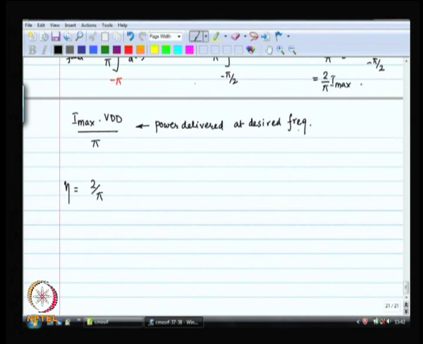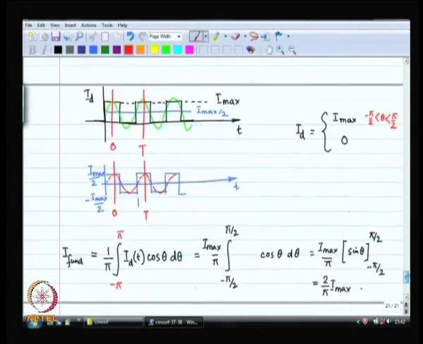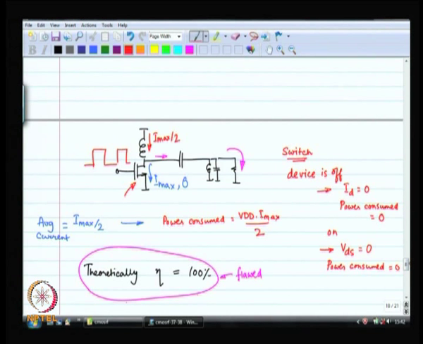Okay. So, this is the unfortunate part of the story, that hey, it looked very promising when I started off, got a theoretical, seemed like I am getting an efficiency of 100%, but when you recall that the power delivered to the load has a lot of different frequency components, it is not just the fundamental, then you realize that this argument is flawed.